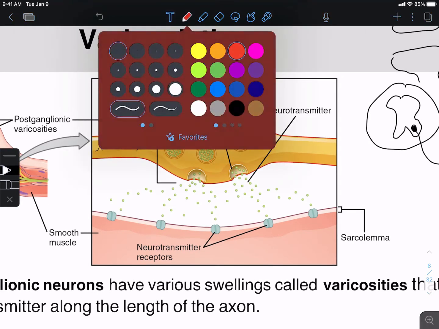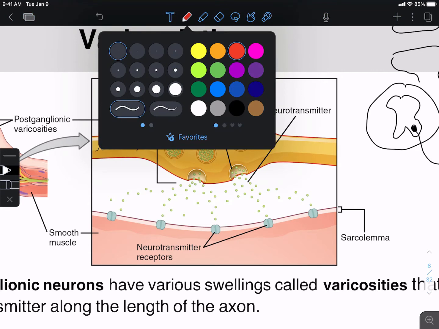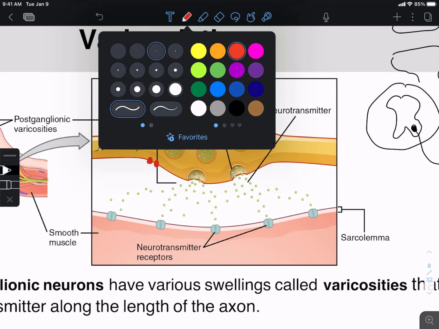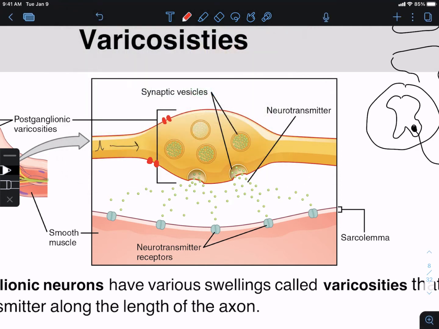In the varicosity, we have calcium channels. I'll draw those right there, calcium channels on each side. They're going to open in response to the change in voltage, and calcium is going to enter into the cell.